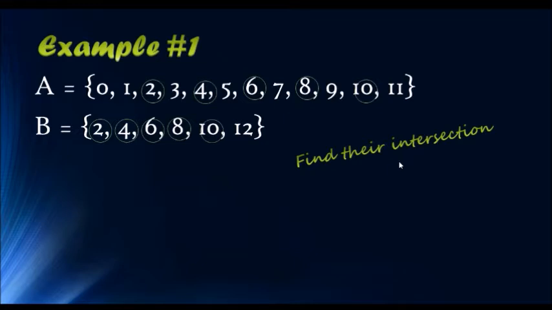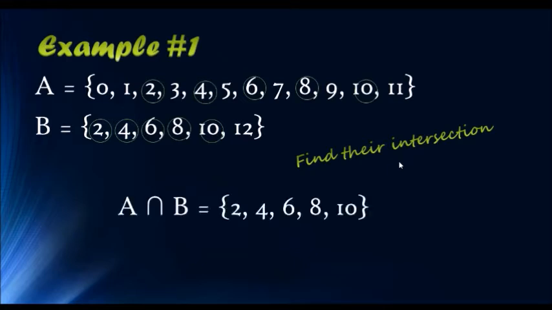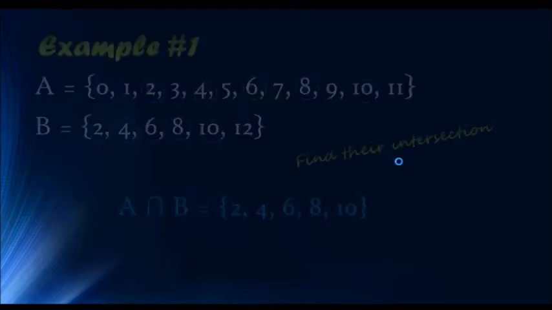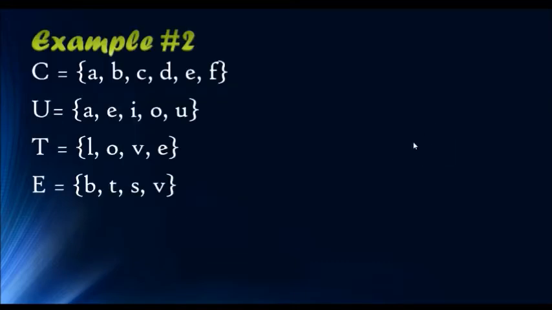So now, class, these are the elements that are both common to set A and set B. So how are we going to write that one? So A intersection B is the set 2, 4, 6, 8, and 10.